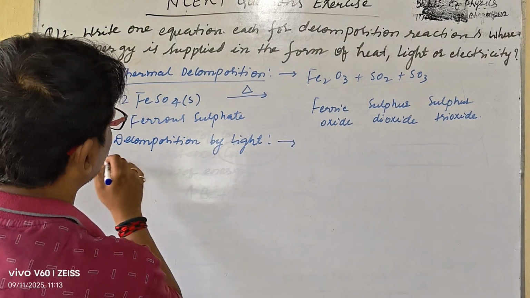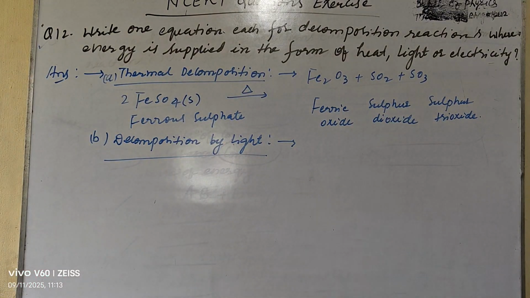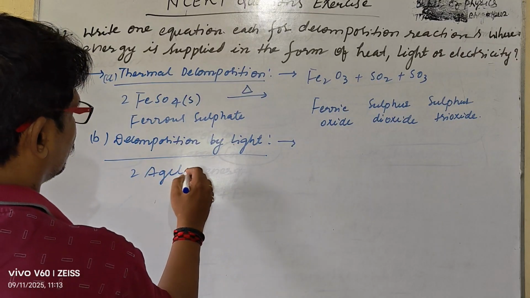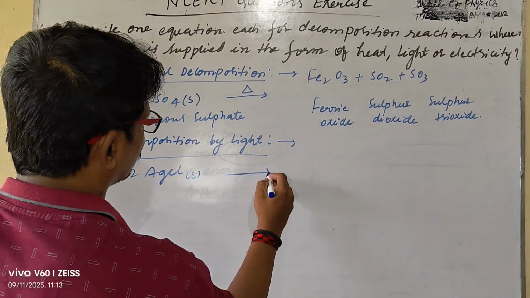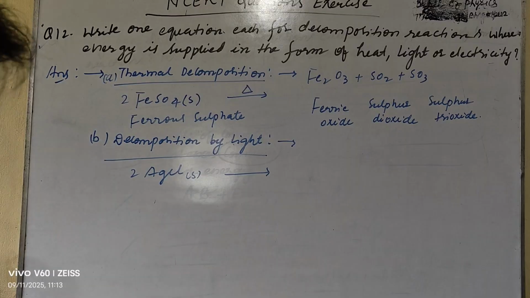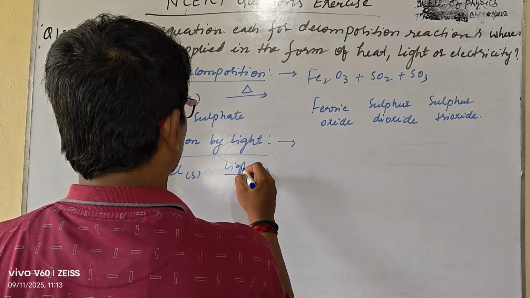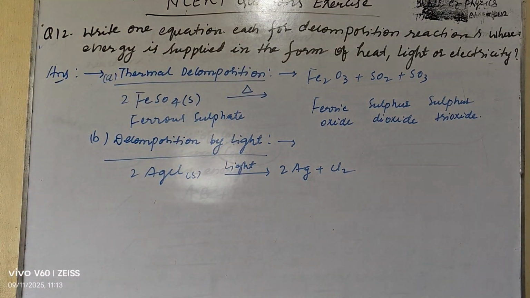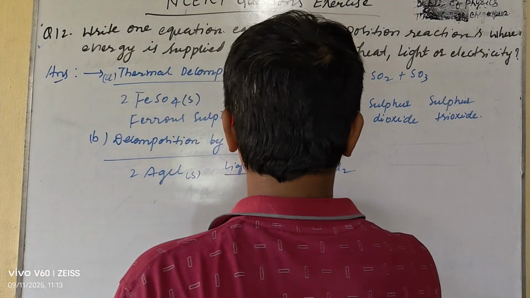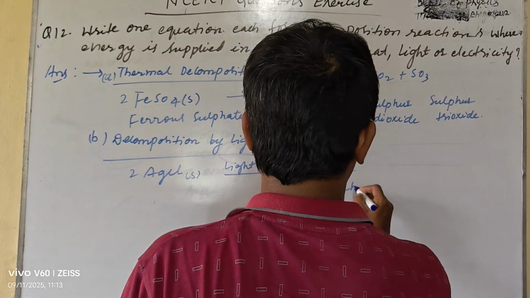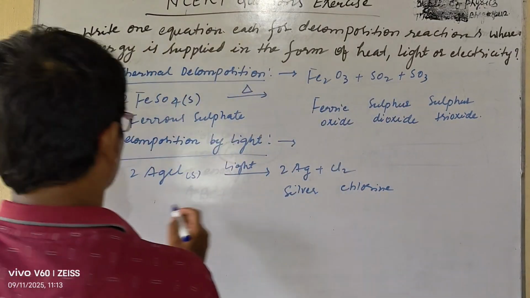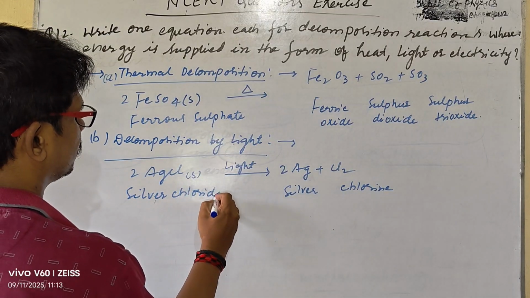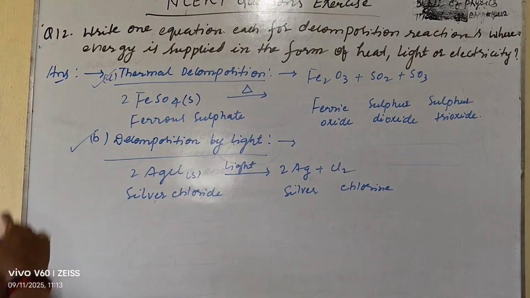How does light cause decomposition? 2AgCl, in sunlight or light, gives 2Ag plus Cl2. That is silver, and this is chlorine. This is silver chloride. This is all about decomposition by light.